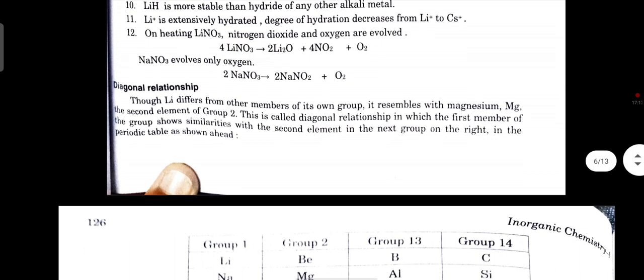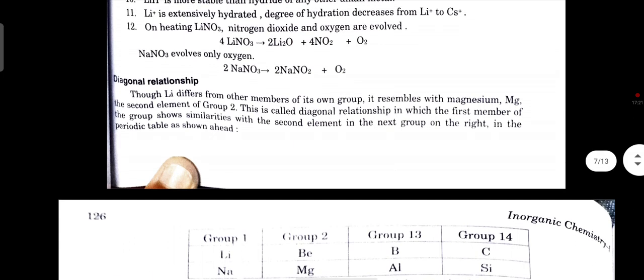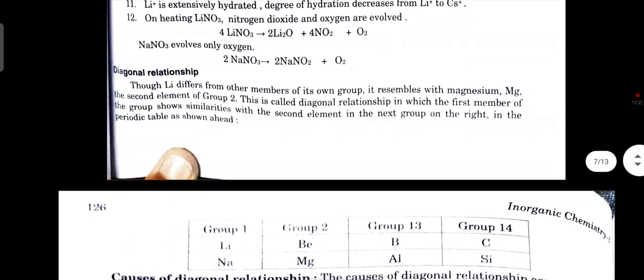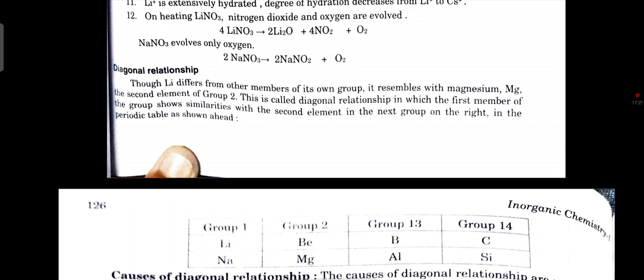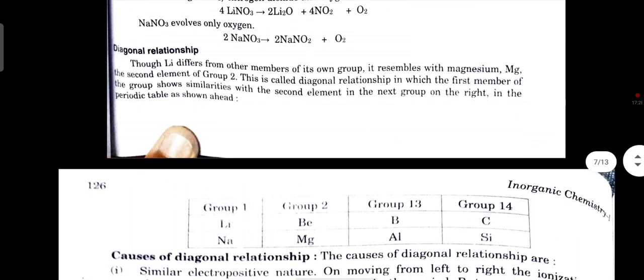The degree of hydration decreases from Li+ to Cs+. On heating LiNO3, nitrogen dioxide and oxygen are evolved.